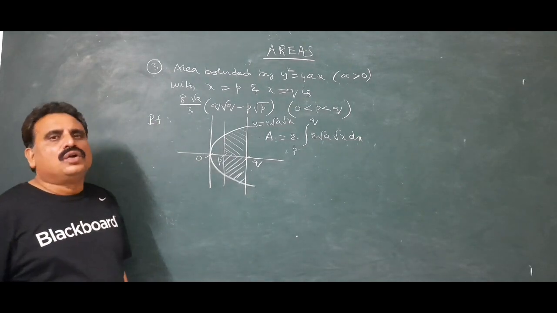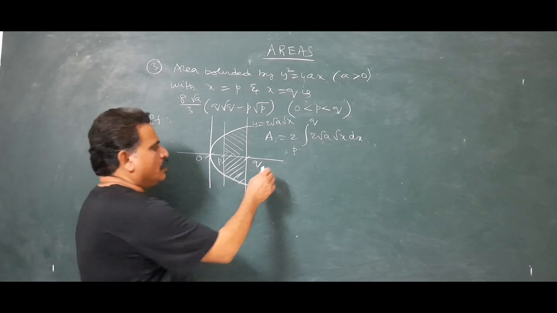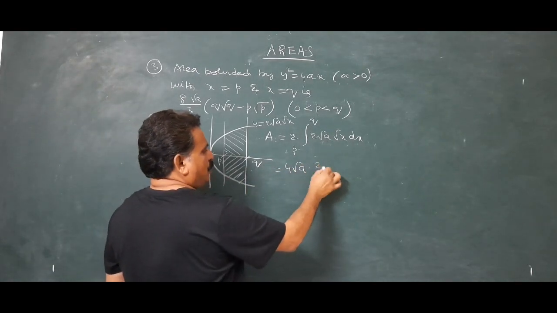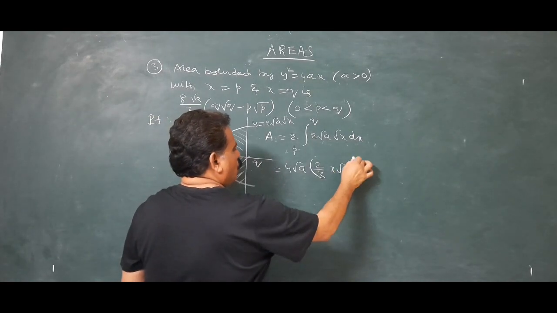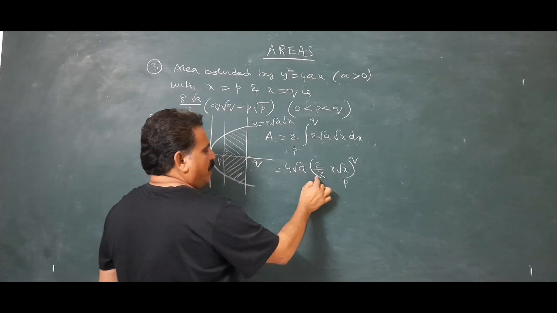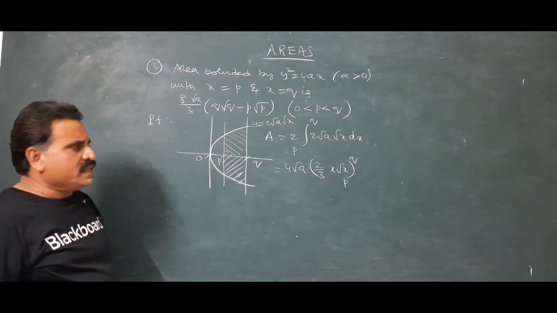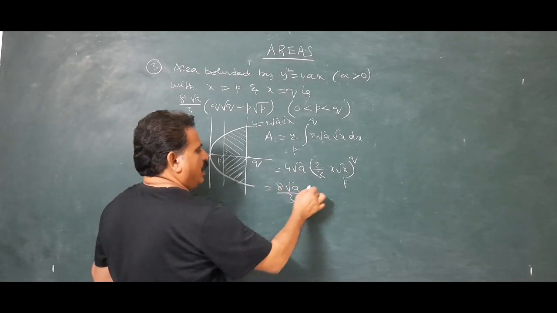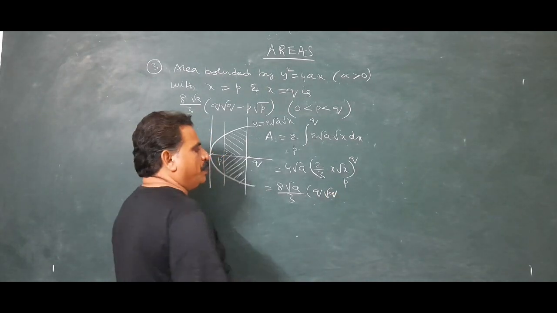After integration and simplifying, we get 4√a times the integral of √x, which is (2/3)x√x, from p to q. That gives (8√a/3)·(q√q − p√p). Very simple. So the area is (8√a/3)·(q√q − p√p).